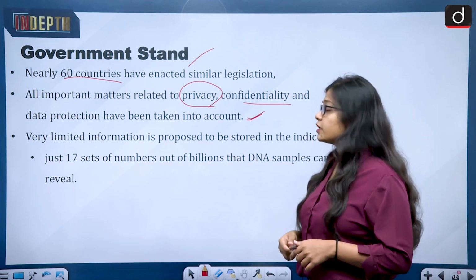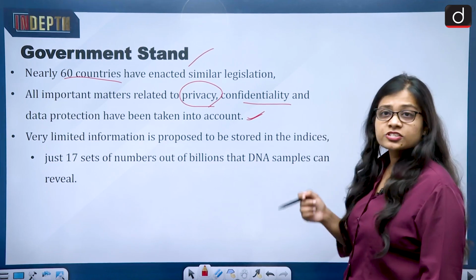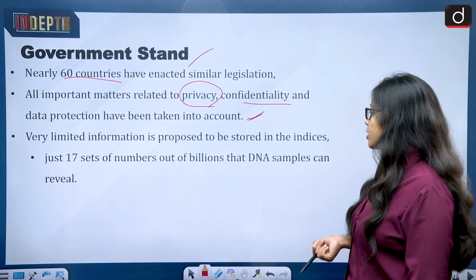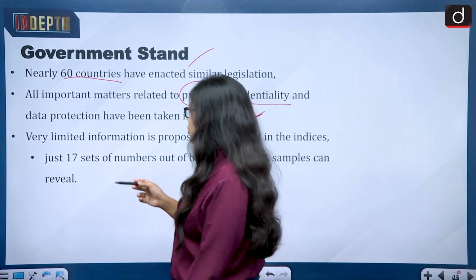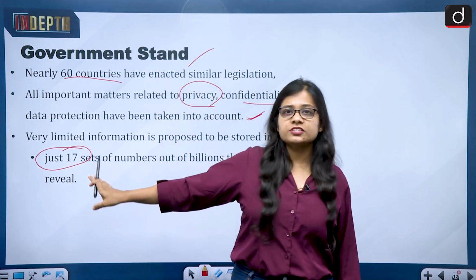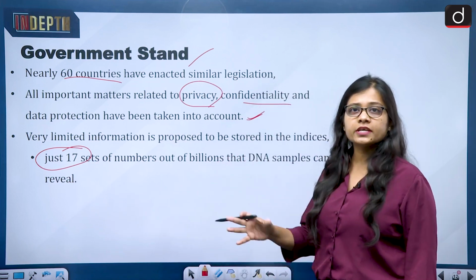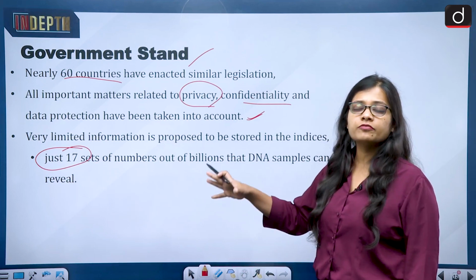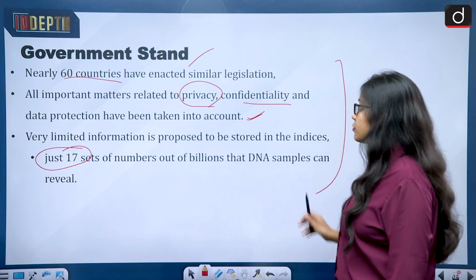Just 17 sets of numbers out of the billions that DNA samples can reveal would be taken care of, and they will not reveal every single piece of information about the individual. So this was about the government stand.